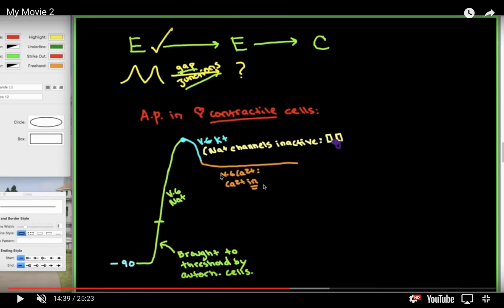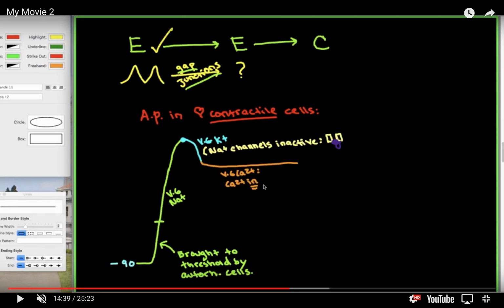And you'll notice what happens is because calcium's coming in, the cell doesn't get more negative anymore. It actually stays really positive. So this is what's known as an extended depolarized state. So it's staying in a more positive state for an extended period of time. It's also known as delaying repolarization.